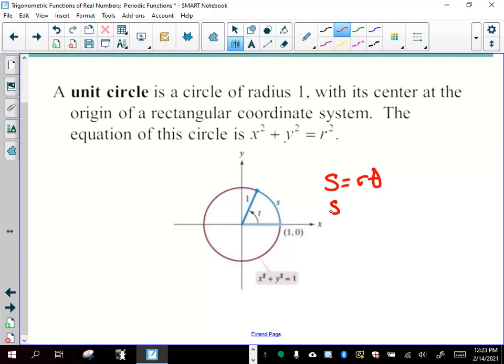Now s is going to be equal to rt, which means in a unit circle, and this is for a unit circle only, s is going to be equal to t. The reason being is that we already know in a unit circle, the radius will always be 1. So s will be equal to t. That's just another one of the things that we're going to be looking at here as well.